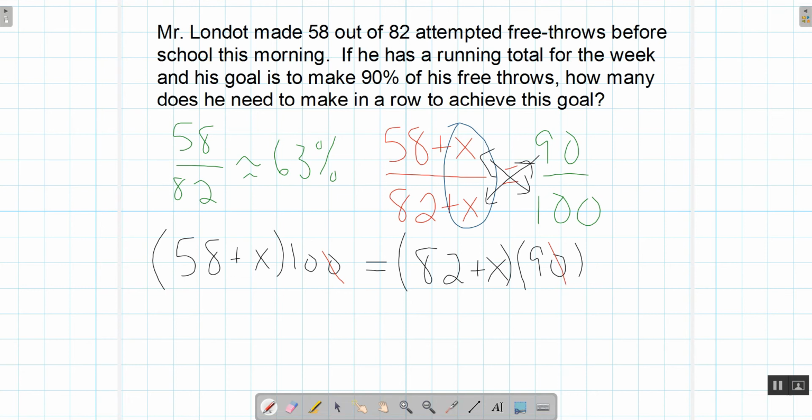If we distribute, now we're going to distribute 10 and 9. That's going to be 580 plus 10x equals, a quick calculation of 82 times 9, which equals 738, plus 9x.